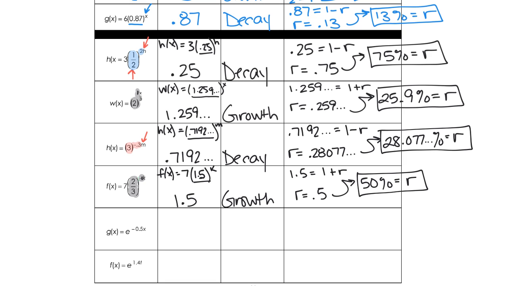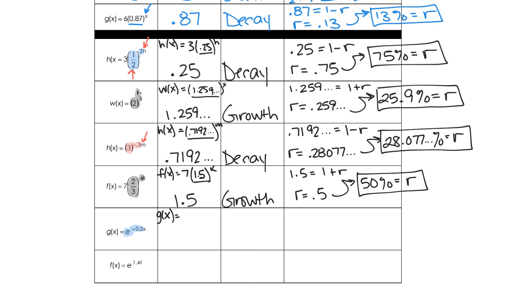Again, our exponent is not just x, and so we're going to have to type in the negative 0.5 as the exponent on the e. And so what we're doing is we're rewriting this equation so that our exponent is just x. Okay?